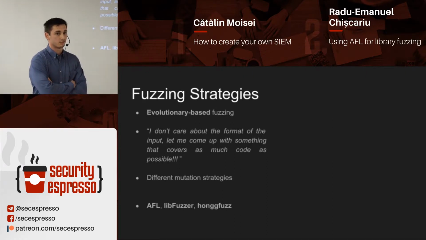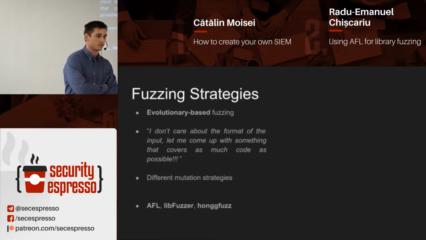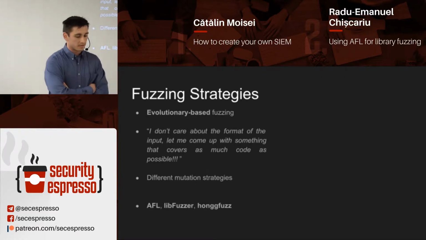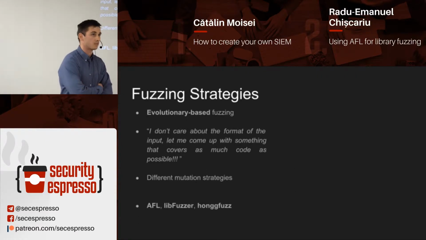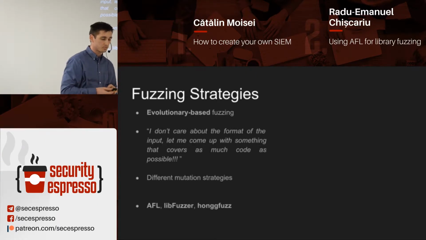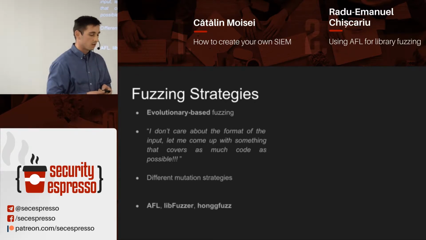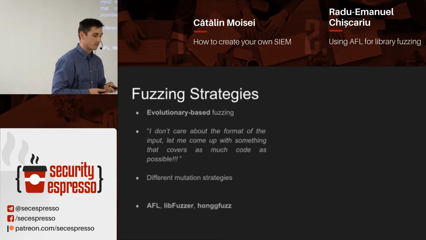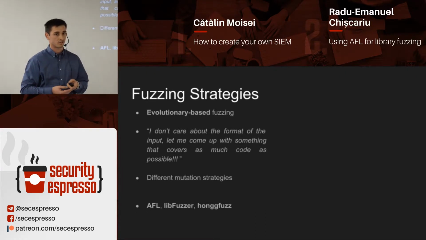Before going into the actual fuzzing, it's important to make some distinctions. There are different strategies to conduct fuzzing, and I have this classification for you. On one side we have evolutionary based fuzzing, in which we employ genetic algorithms to come up with an input that will try to go as far into the code as possible.